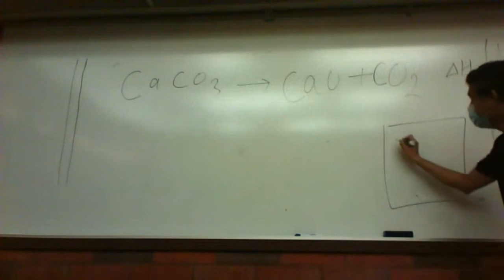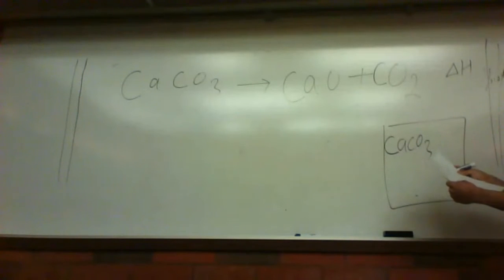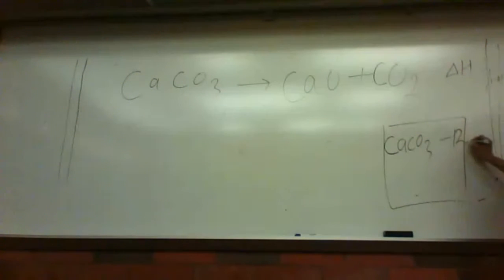Given here: if you want to make calcium carbonate, the heat change would be minus 1207.6 kilojoule per mole.